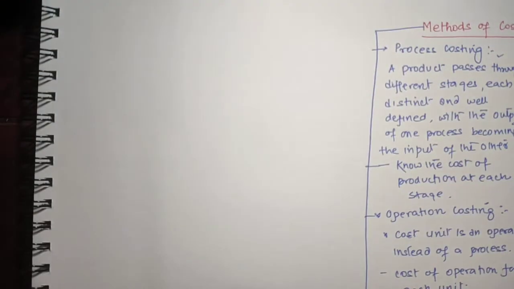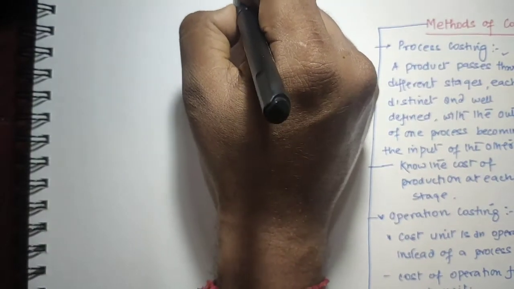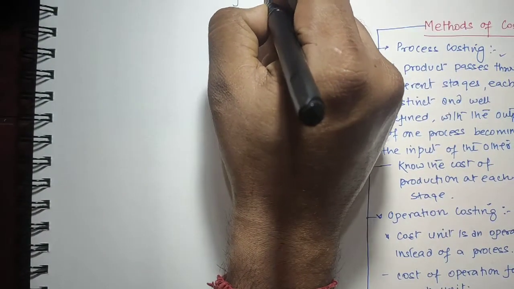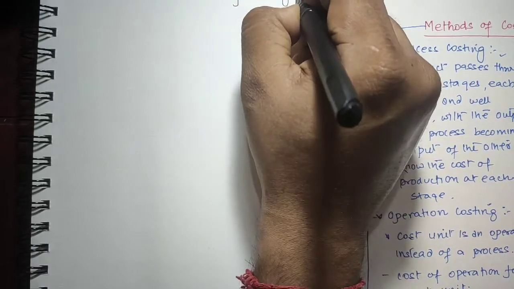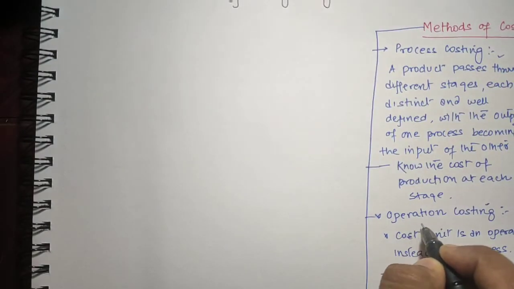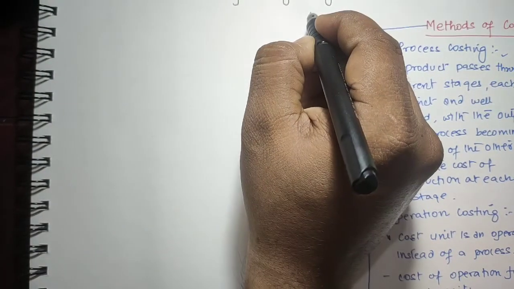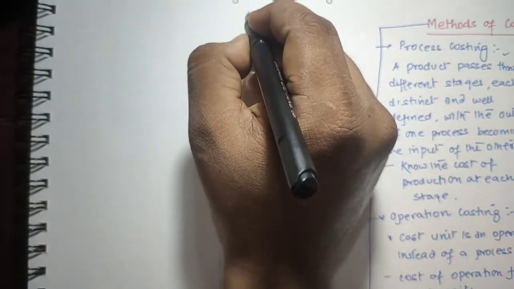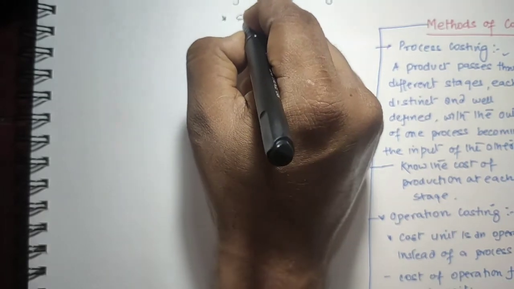Next method of costing is operating costing. This was operation costing and this is operating costing. It is also known as service costing.